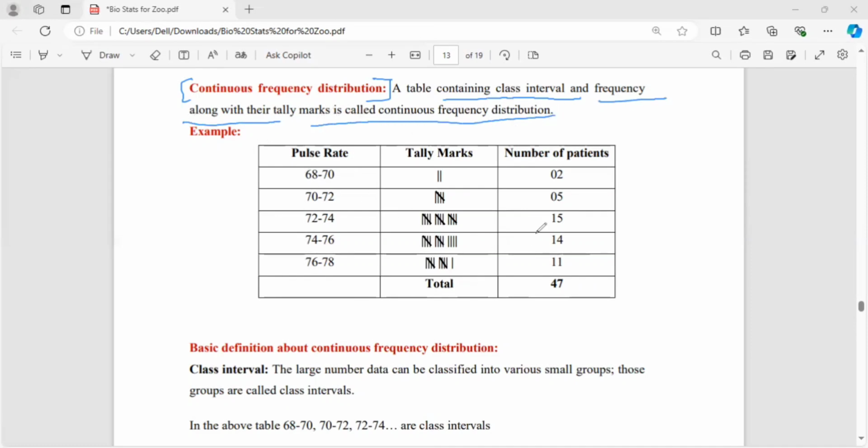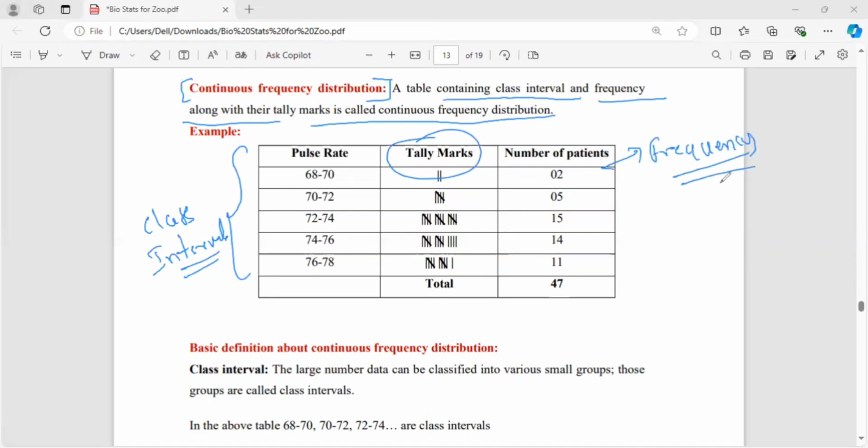These are class intervals, this is the tally mark, and this is the frequency. So this is called continuous frequency distribution, exactly what I have drawn here.